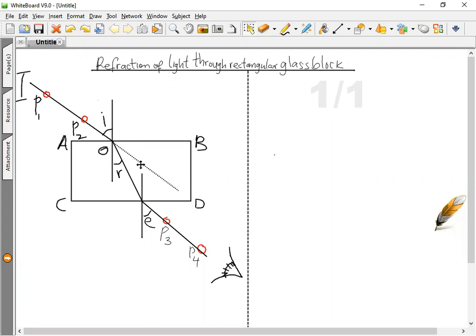Okay. Good. Okay. Now let us look at this, our extended incidence ray.